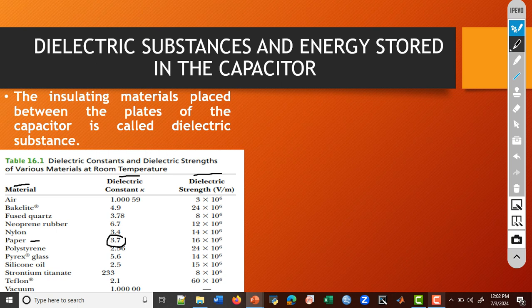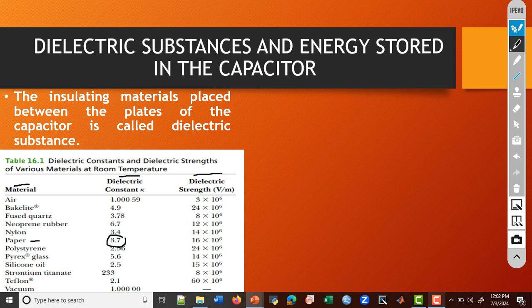So the dielectric strength here, you can see, is in volt per meter. This is the amount of voltage or potential difference the insulating material can withstand per meter before breaking.